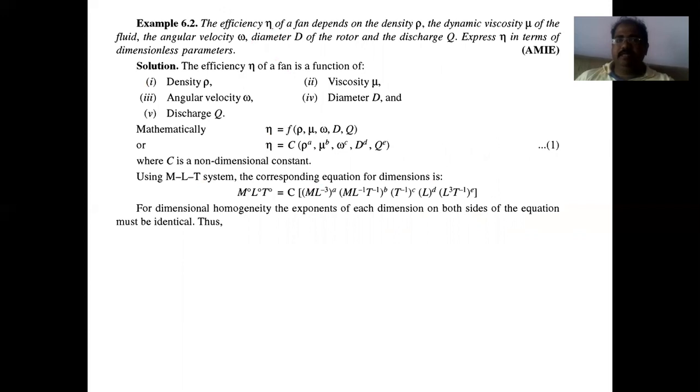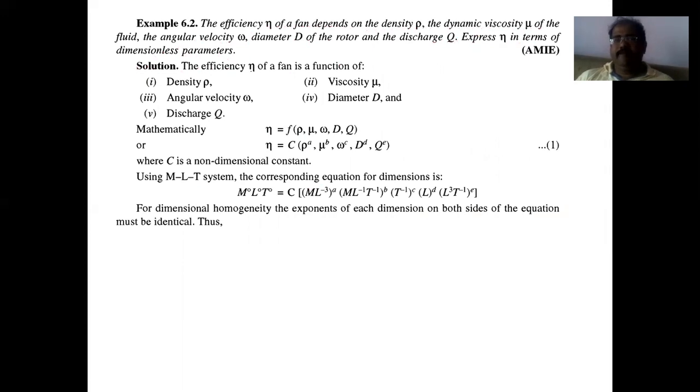The efficiency eta of a fan depends on the density rho, dynamic viscosity mu of the fluid, the angular velocity omega, diameter d of the rotor, and the discharge Q. Express eta in terms of dimensionless parameters.